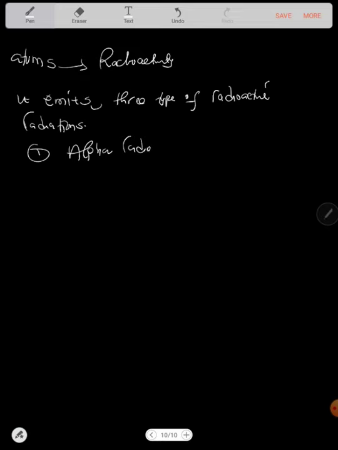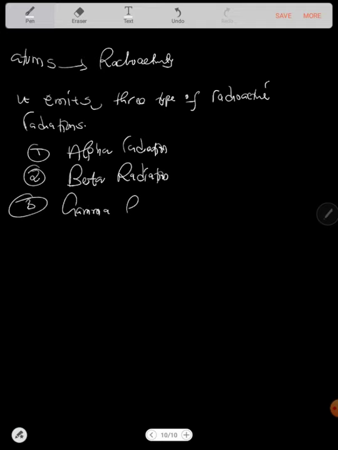The second one is the beta radiation. The third one is the gamma radiation. An element can even undergo all these types of radiations because all these are naturally occurring, and hence it's called natural radioactivity.